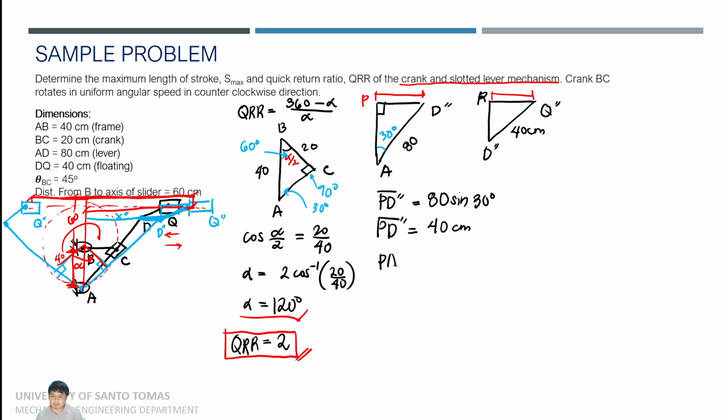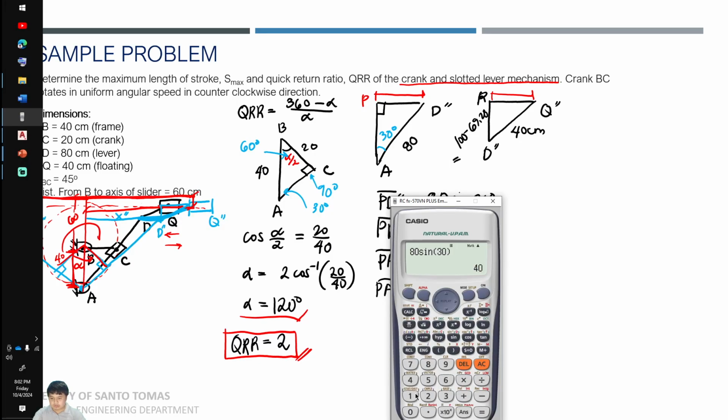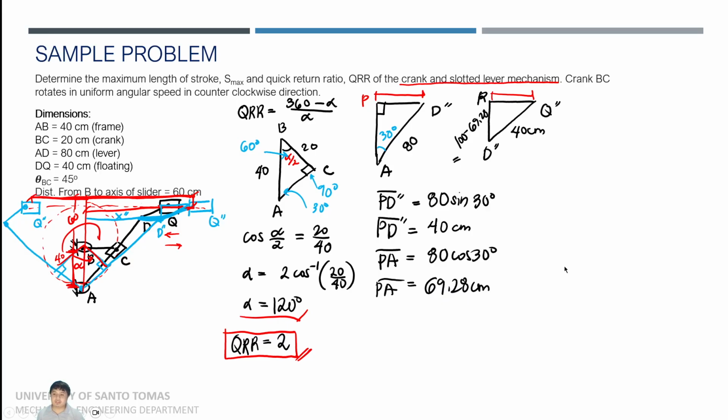So you can solve for PA as well. That will be 80 cosine 30, which we have solved already, which is 69.28 centimeters. So the answer here should be 100 minus 69.28, which will be 30.72.